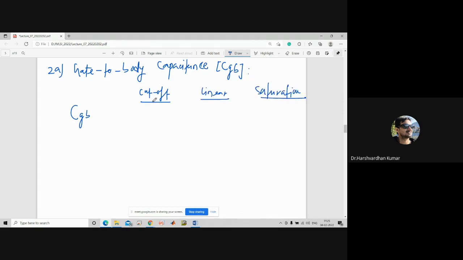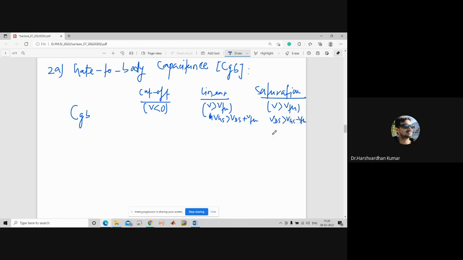We know the conditions. For cutoff, VGS is less than VTH, and greater than 0. For linear, VGS is greater than VTH, and the condition will be VDS less than VGS minus VTH. For saturation, VGS is also greater than VTH, and the condition will be VDS greater than VGS minus VTH.